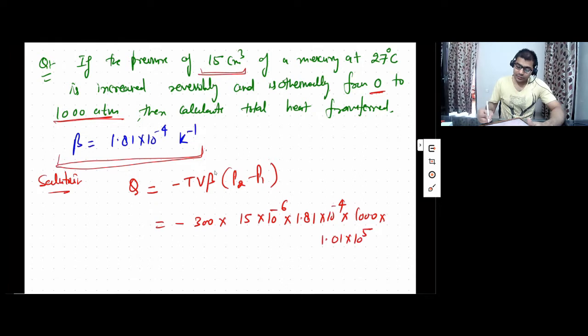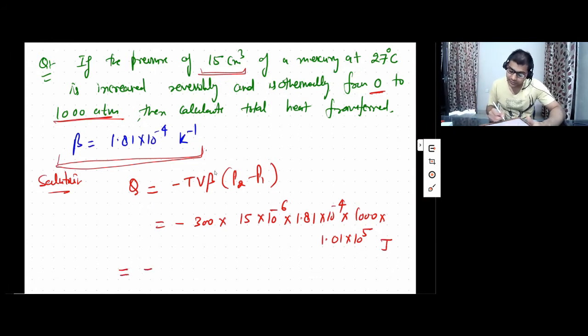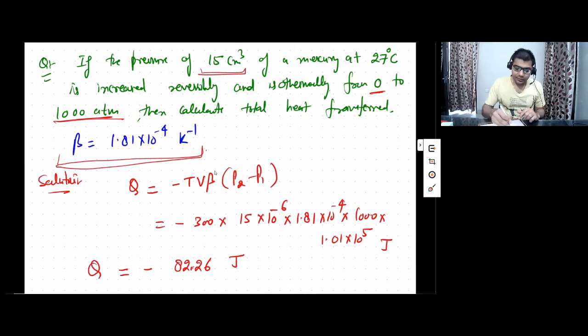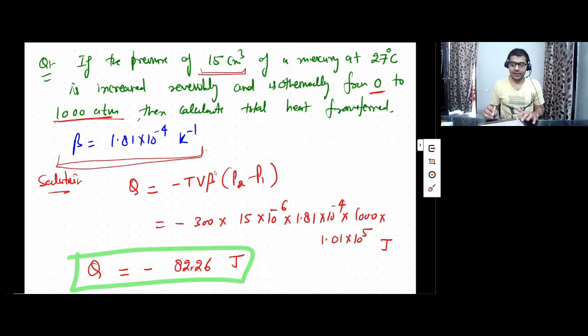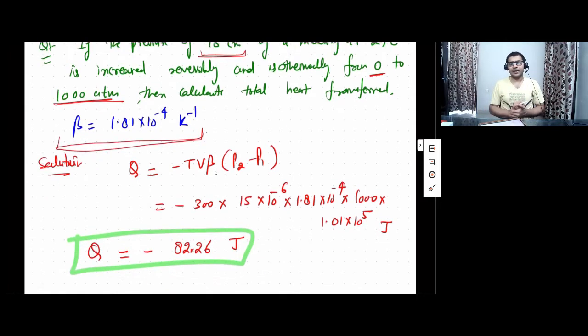Since everything is in SI units, it will come out in Joules. If we calculate, that turns out to be minus 82.26 Joule. So that's the answer to this question. That's how we solve this kind of numerical problem based on the second TdS equation. I hope you have understood it.